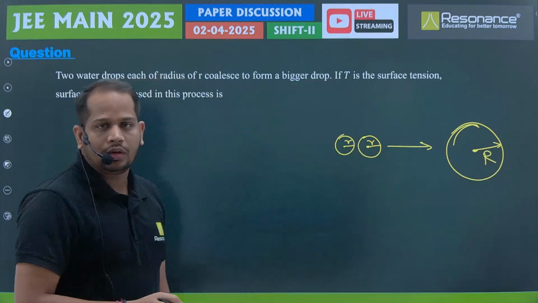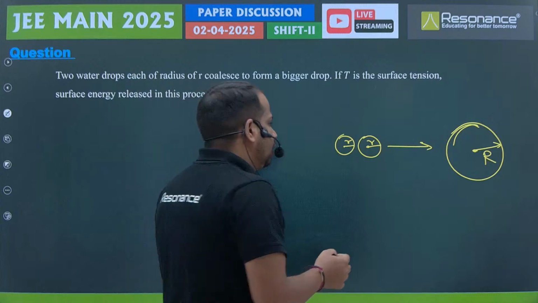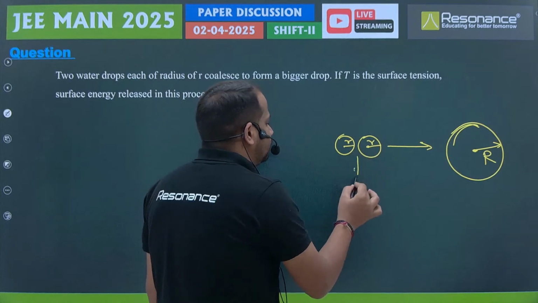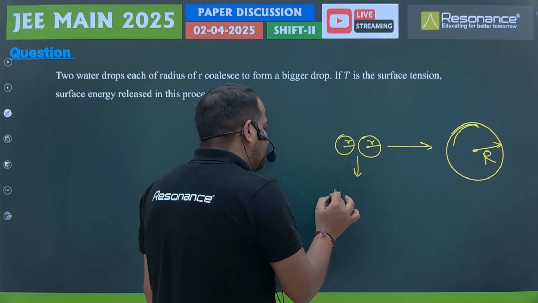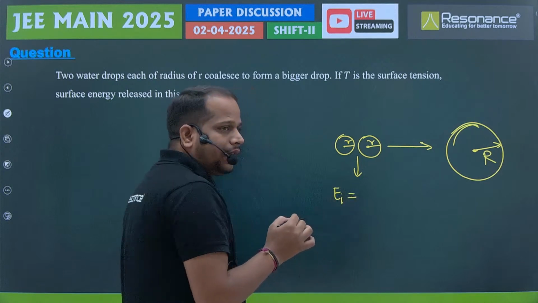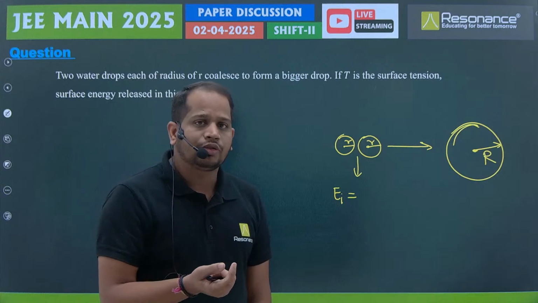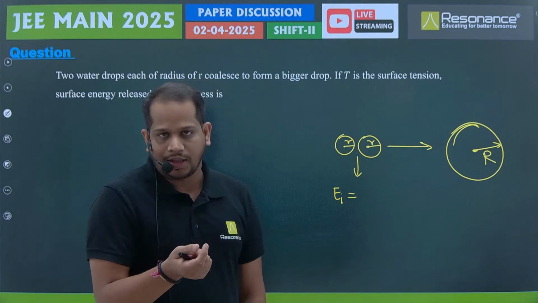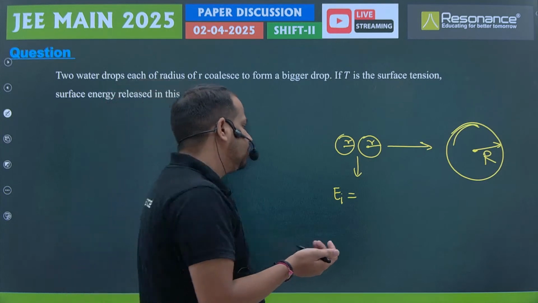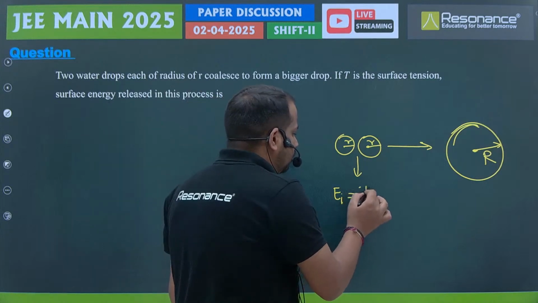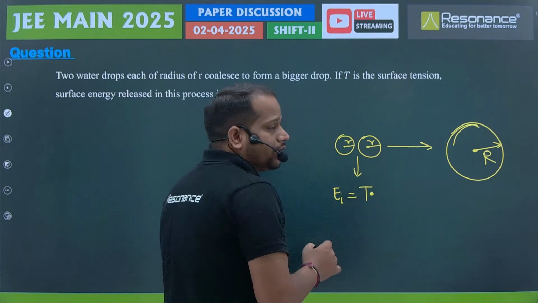How can we find it? In this process, what is the surface energy? Can we say it's a water droplet? For a water droplet, there is only one free surface, right? So for one free surface, what is the surface energy for one drop?